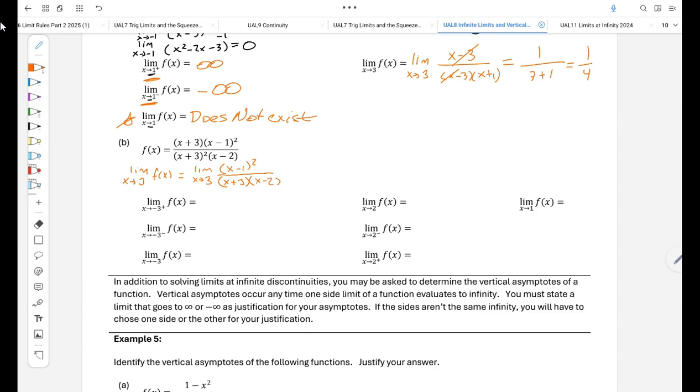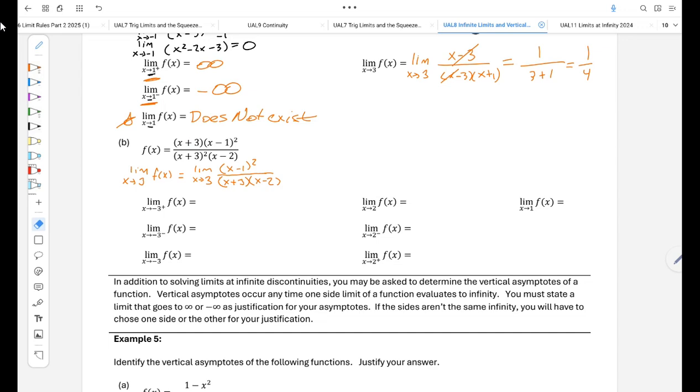So we are, in fact, in a non-zero over 0 situation, which is telling us that our side limits are going to be infinities. That should be clear from that, right? When we cancel the x plus 3 out of the top, that cancels one of those x plus 3s out of the bottom.